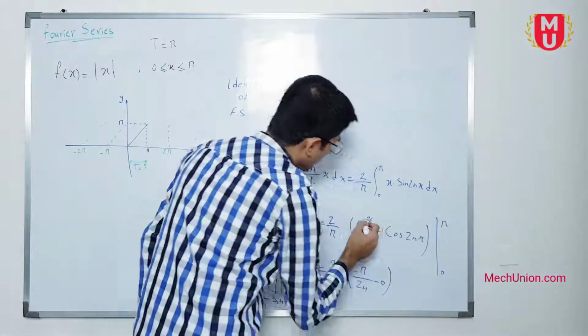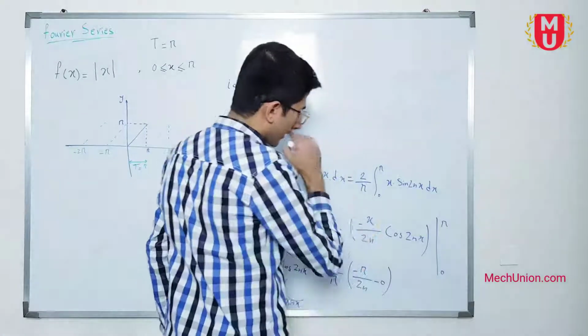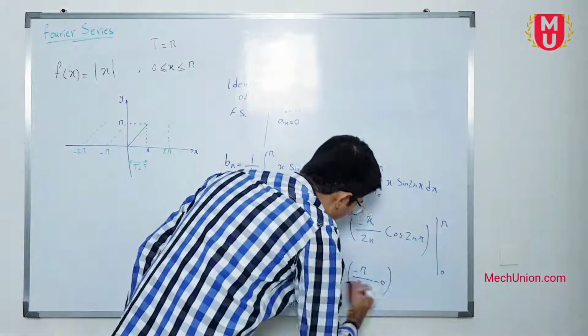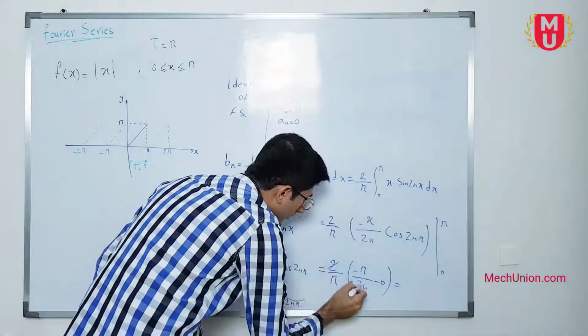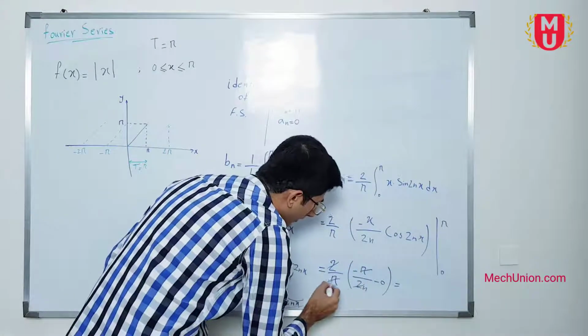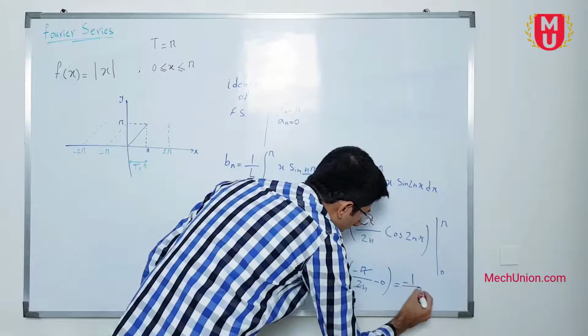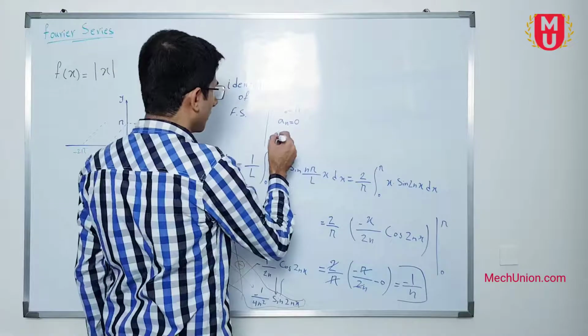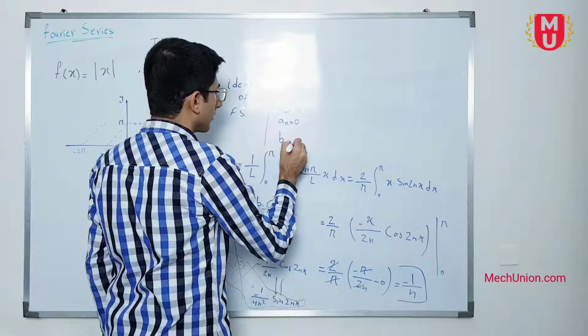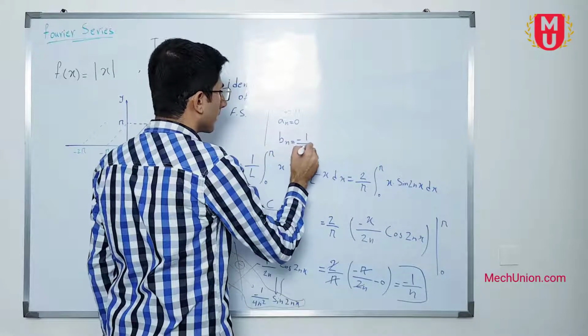If you put x as 0, it becomes 0. Then we simplify 2 by 2, pi by pi, minus 1 over n. This is our Bn. Bn became minus 1 over n.